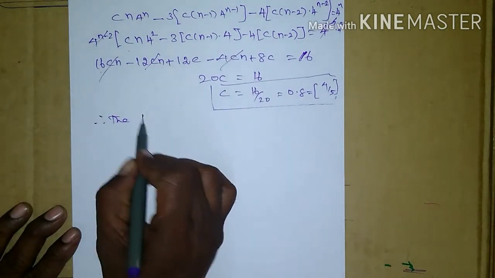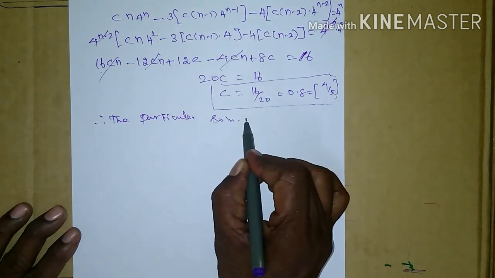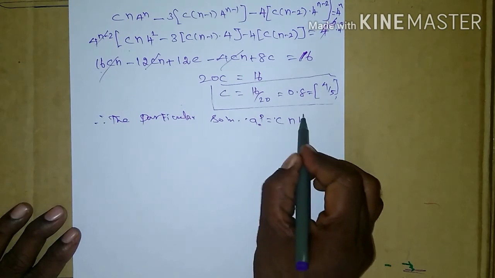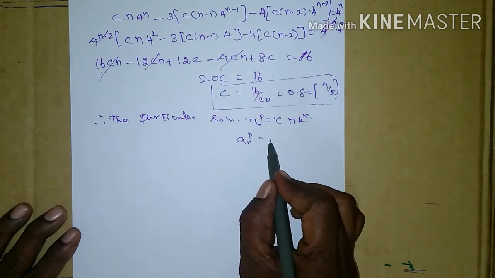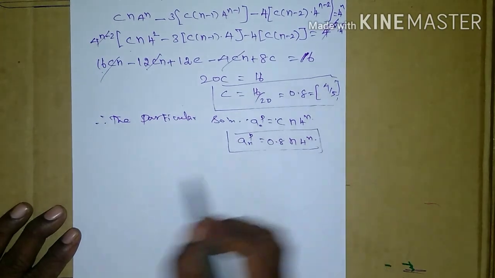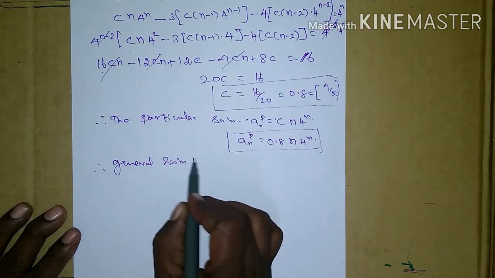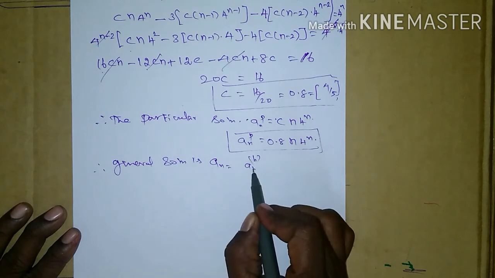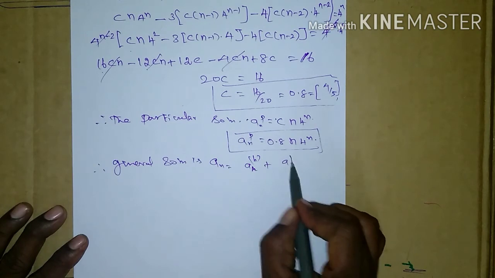Therefore the particular solution is an power p is equal to Cn into 4 power n, as already assumed. Therefore an power p is equal to 0.8 n into 4 power n, with C replaced by 0.8. Now the general solution is an equal to an h, the solution of the associated homogeneous recurrence relation, plus the particular solution.